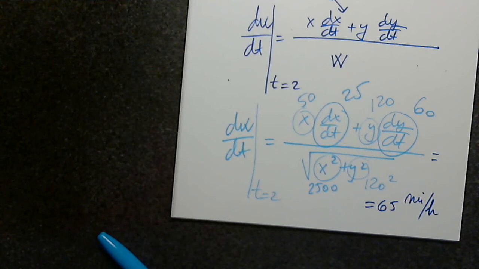One confusing point: where did you get the 2, where you multiply x and y by 2? T equals 2? It's in the question. 2 hours later. How fast is the distance between the two cars changing at that instant? Exactly 2 hours later after they start driving.